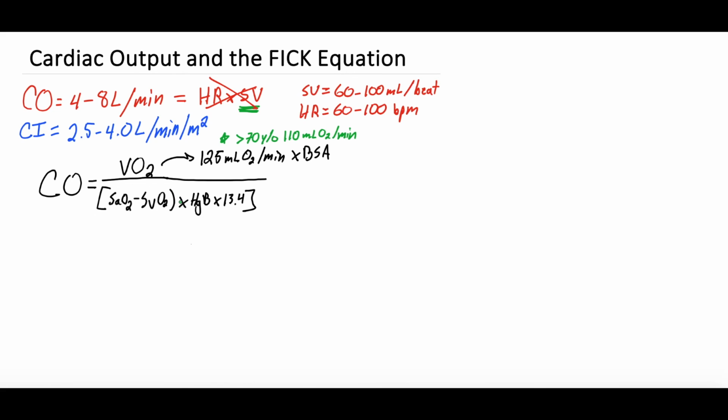So a few things here. The way we first got this equation is actually coming back to the oxygen consumption equation. So what is oxygen consumption? That was this variable here, right? VO2. And this is oxygen consumption. If we think about oxygen consumption, that is how much oxygen the body utilizes.